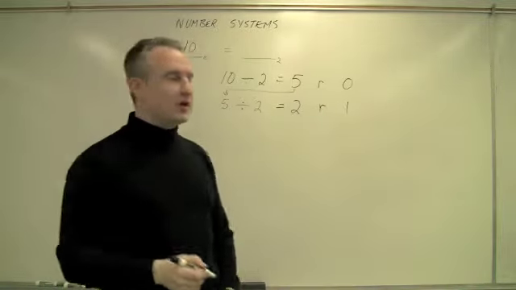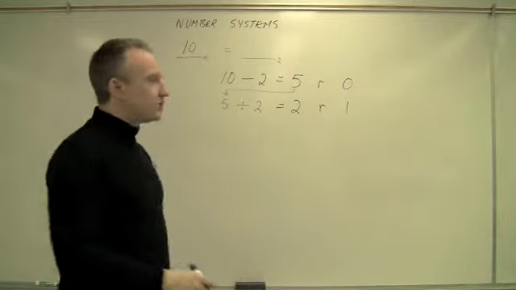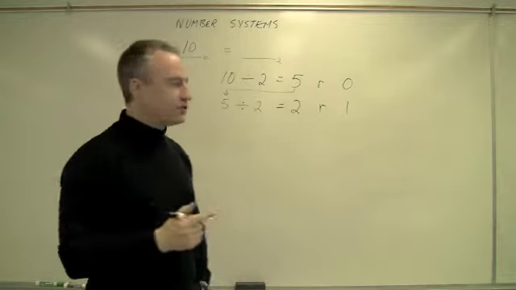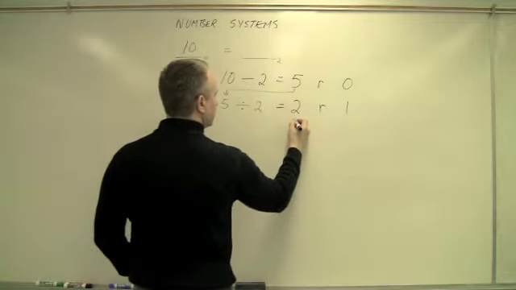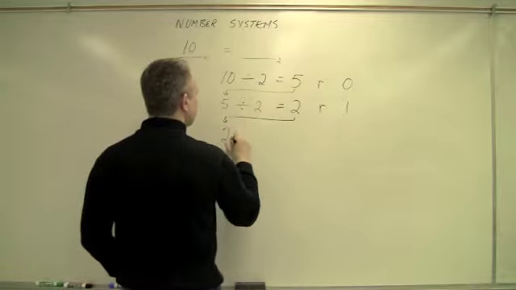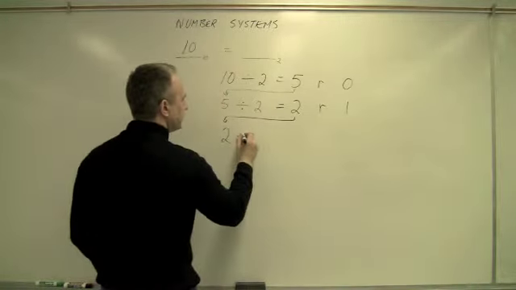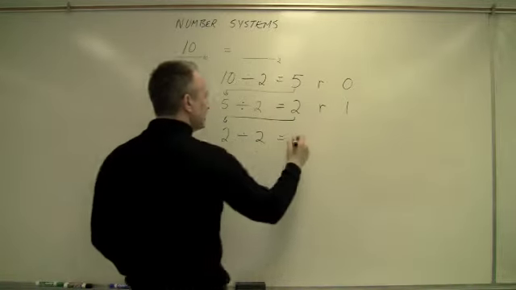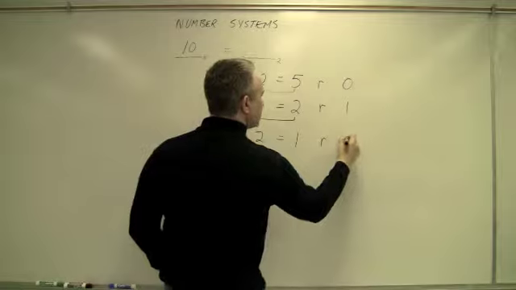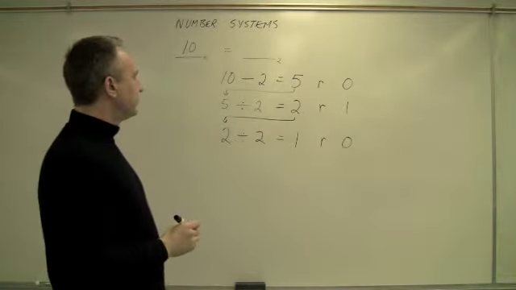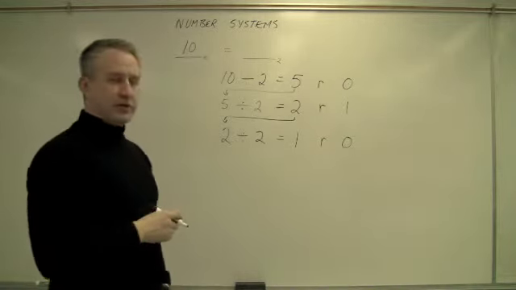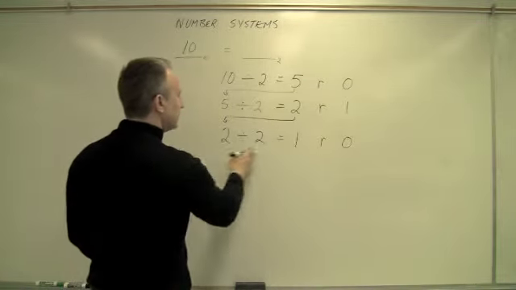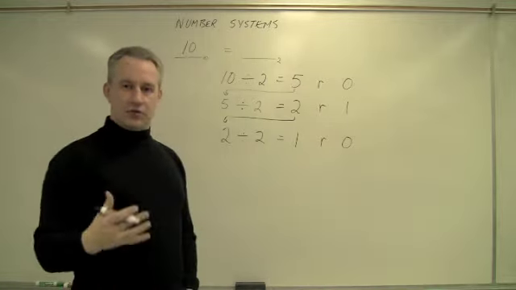Again, we'll take this, bring that down, and that's what we'll then divide by 2. And we do it again. 2 divided by 2 equals 1, remainder 0. And we repeat again. Same thing, take the 1, bring it down, and repeat again.